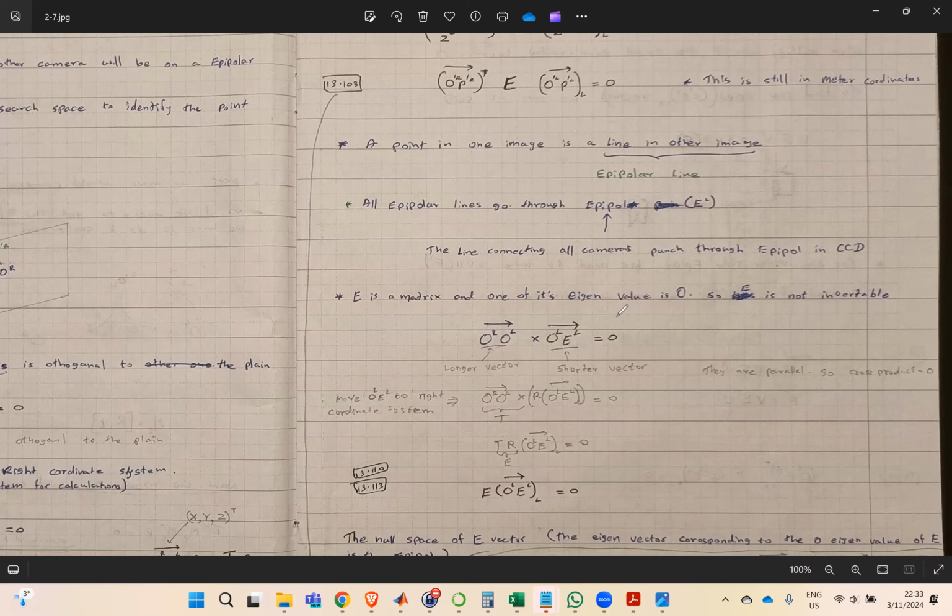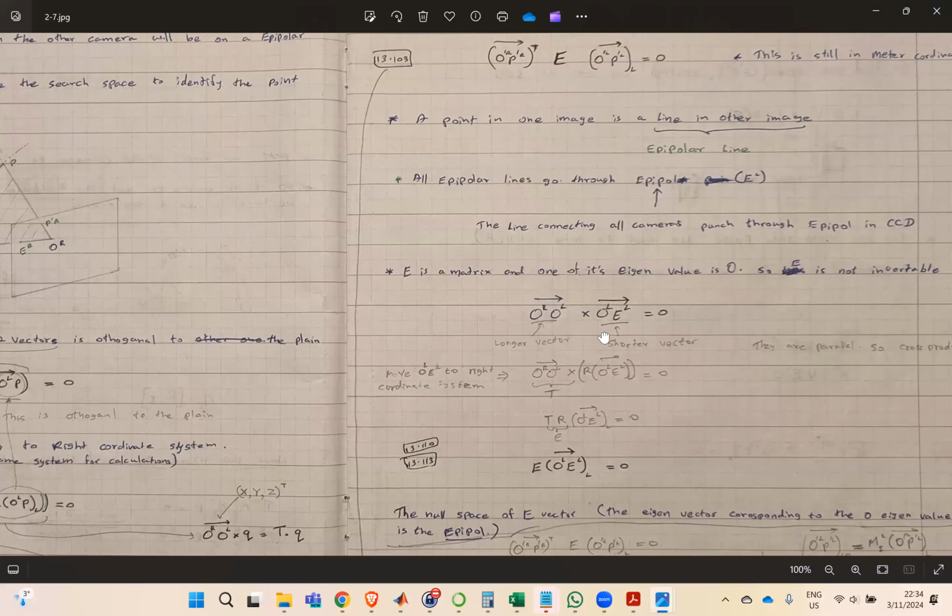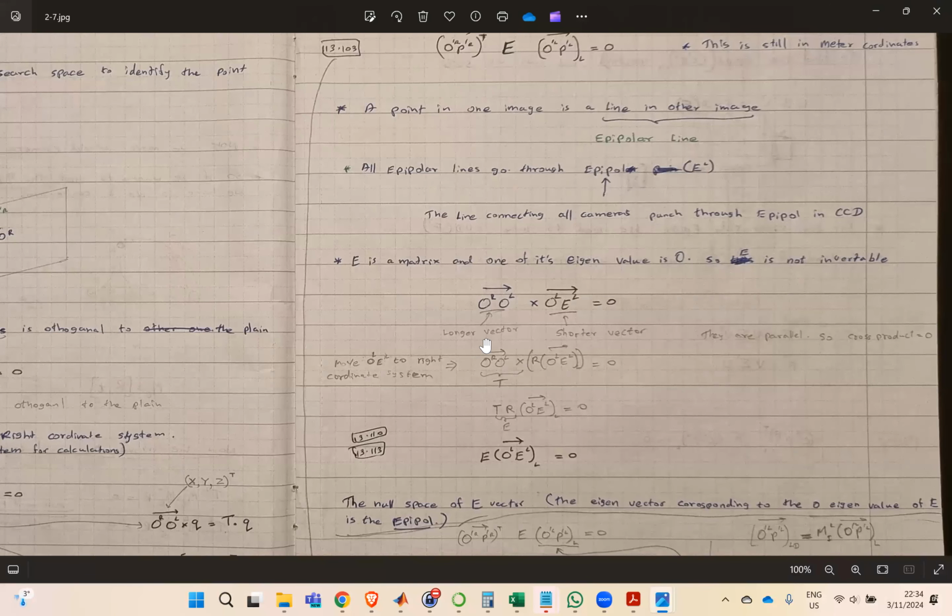In the E matrix, one of its eigenvalues is 0, so we cannot invert E. E is not invertible.